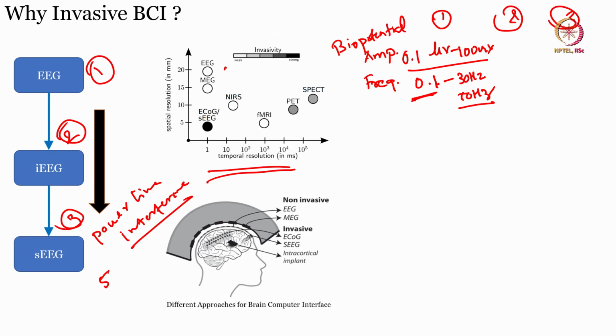What is your electrical power line frequency? 50 hertz. If you go to the US, it would be 60 hertz. So accordingly a band reject filter or notch filter should be used to get the faithful signal, but this all relates to EEG. When you go a little bit ahead to iEEG, you will get millivolt signals and a little higher frequency, let us say 100 hertz or more.